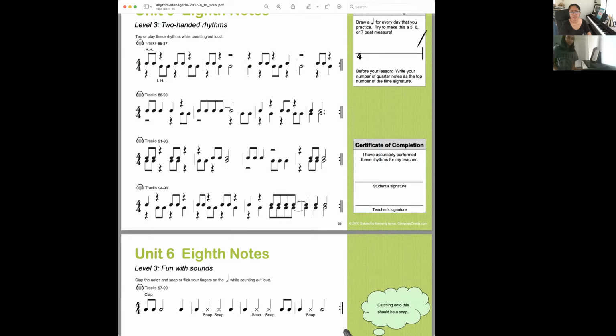Let's do that again one more time. How do you do that tie? Pa pa pa pa pam. But try again. Do you have to wait until the half note is done before you play the left hand? No, right? If you were playing this, this is a hold and then you play the left hand.